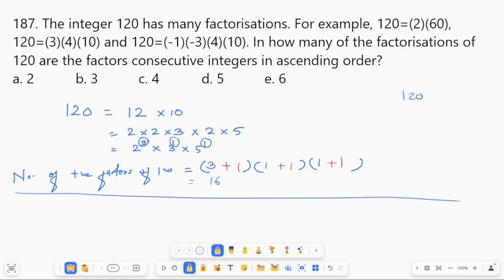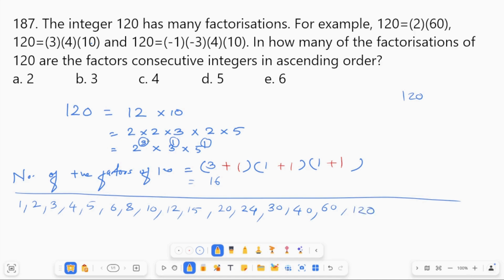Let's write down the positive factors first of all. So it will be 1. Factors means divisors, the number which divides 120. So it can be 1, 2, 3, 4, 5, 6, 8, 10, 12, 15, 20, 24, 30, 40, 60 and 120 itself.